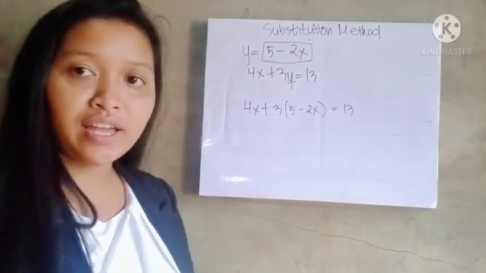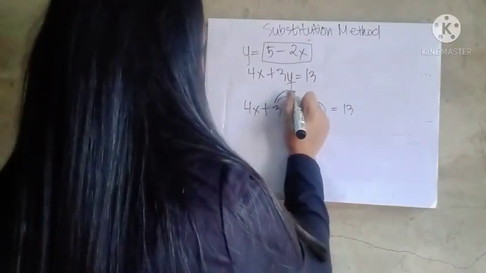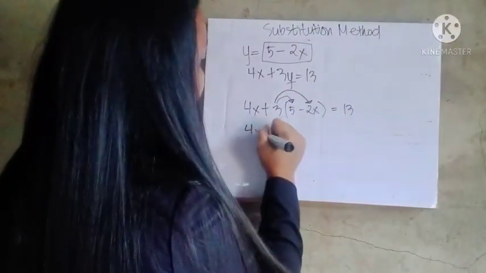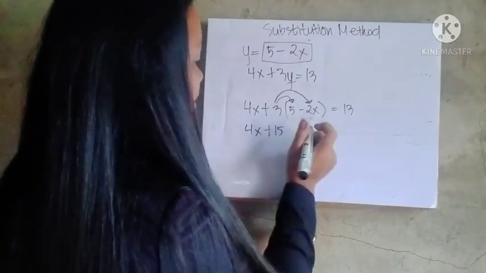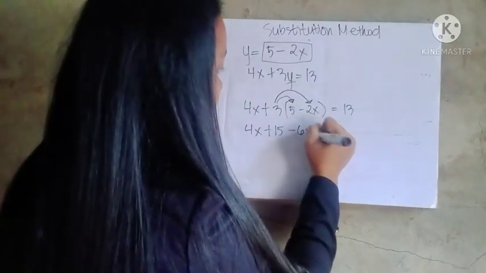Now let's go ahead and distribute 3. So we have 4x, 3 times 5 is equal to 15, 3 times negative 2x is equal to negative 6x.